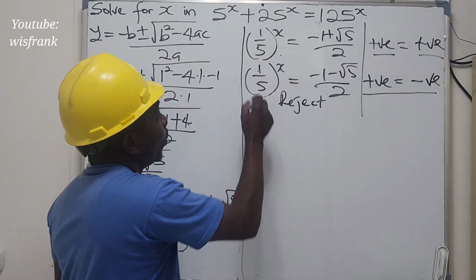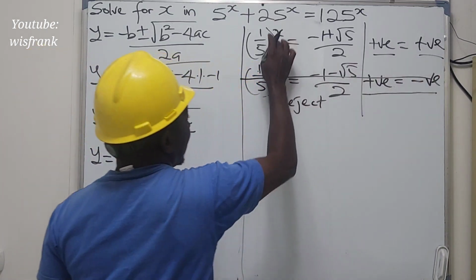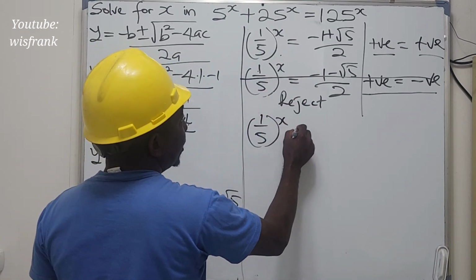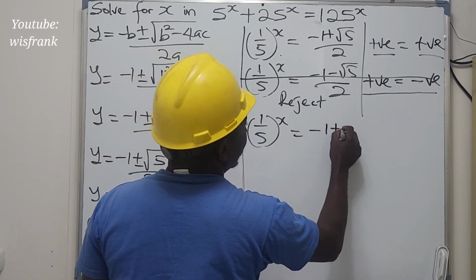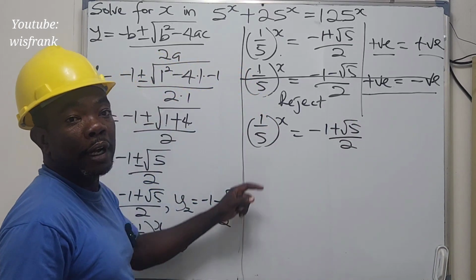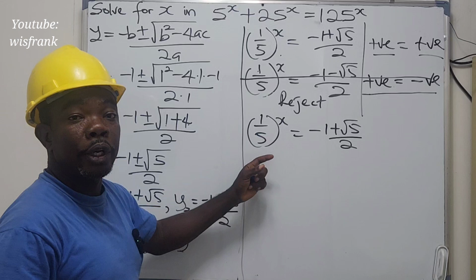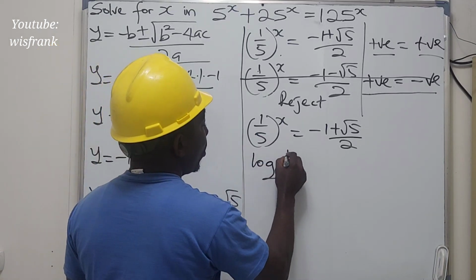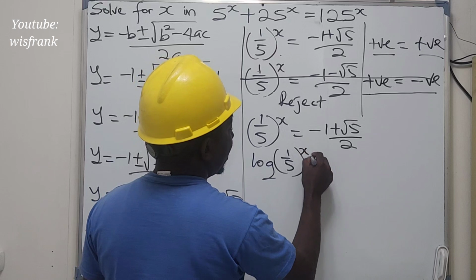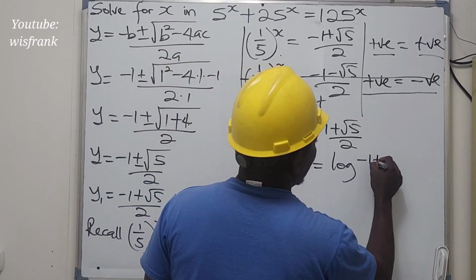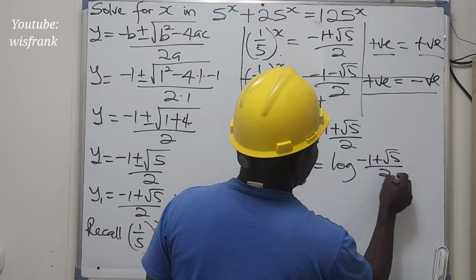So in that case, we've cancelled this one. We are taking the first case, which is (1/5) to the power of x equals minus 1 plus root 5 all over 2. For us to find the value of x from this case 1, we need to introduce log to both sides. So this will become log (1/5) to the power of x equals log of minus 1 plus root 5 all over 2.